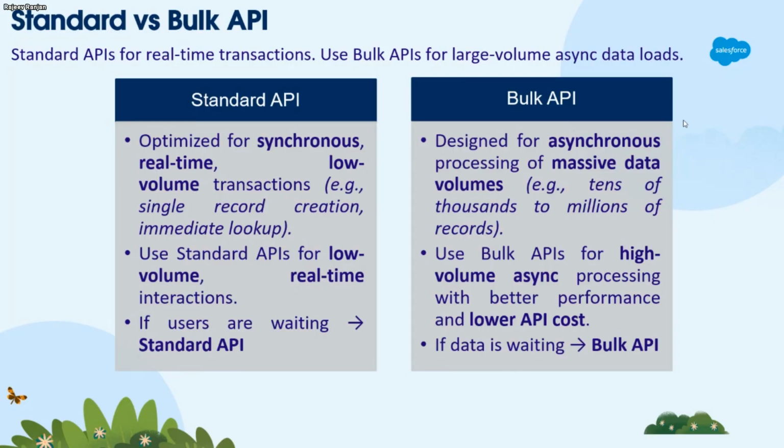In that kind of scenario, where performance plays a vital role, and the user does not wait in parallel, maybe the user is waiting after some time but not in parallel, it does not fall under the standard API. Then we can go for the bulk API.